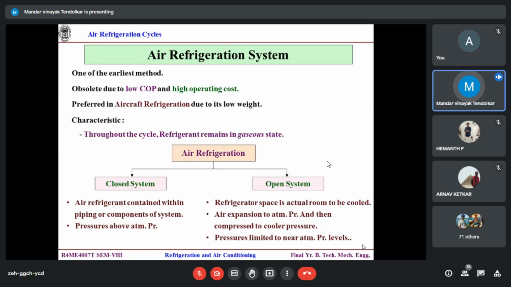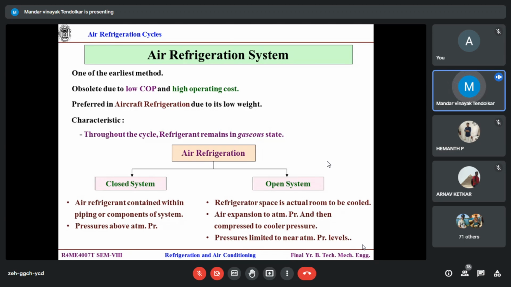Because it is open to the atmosphere, you have to expand it to the atmospheric pressure level, and the compressor also has to start from atmospheric pressure. So the compressor goes from atmospheric pressure to some high pressure, and the expansion turbine goes from that high pressure to the atmosphere. This is the limitation for the open system.